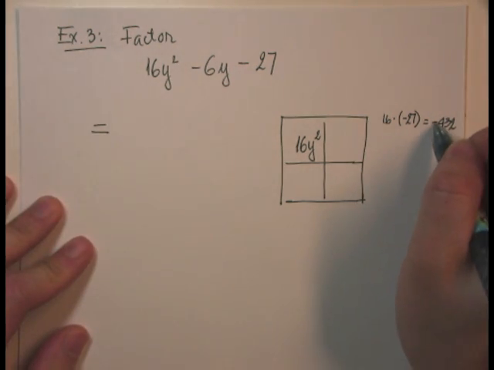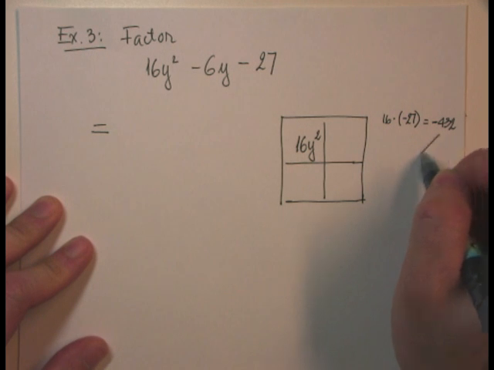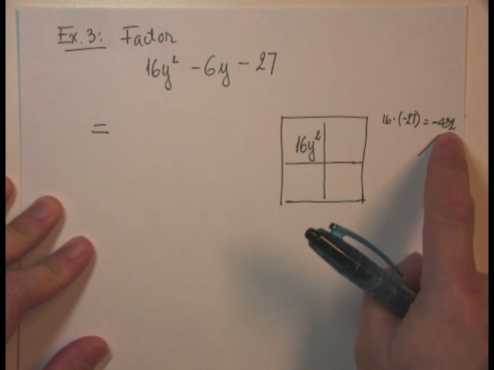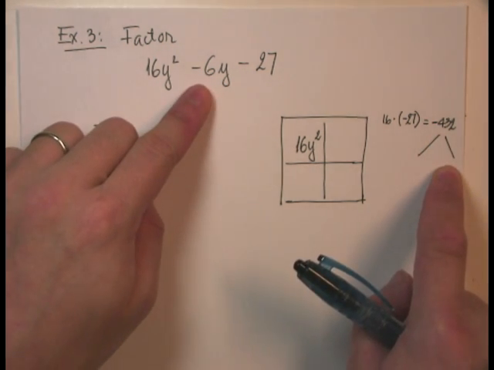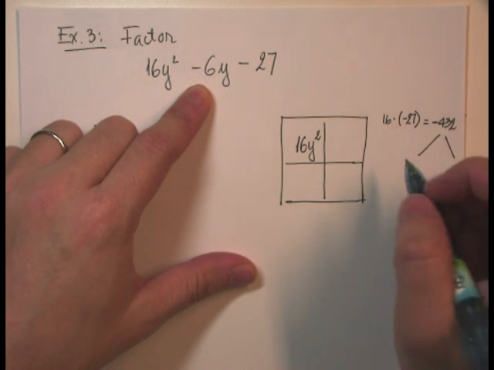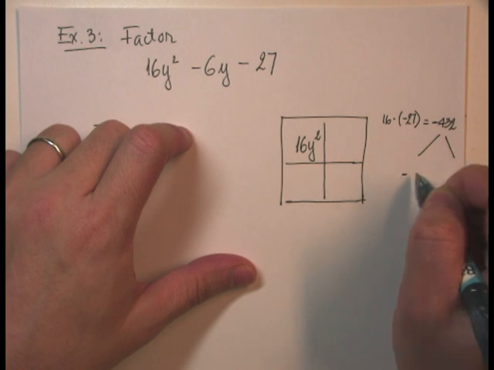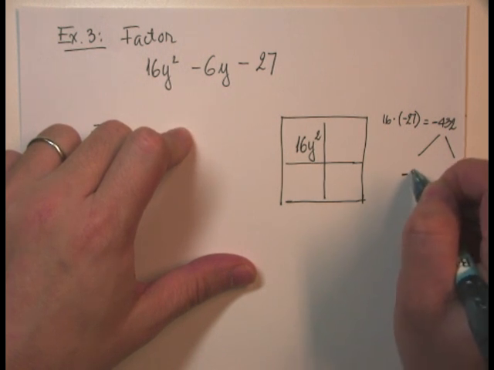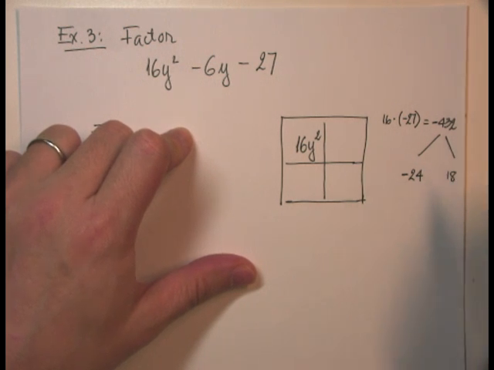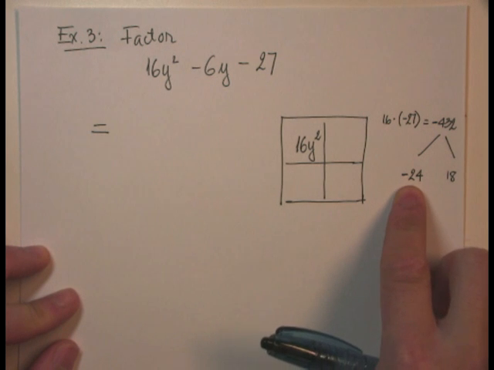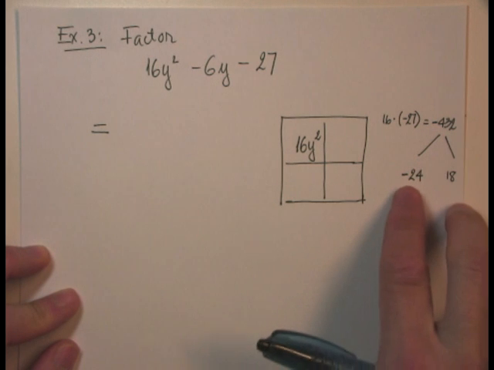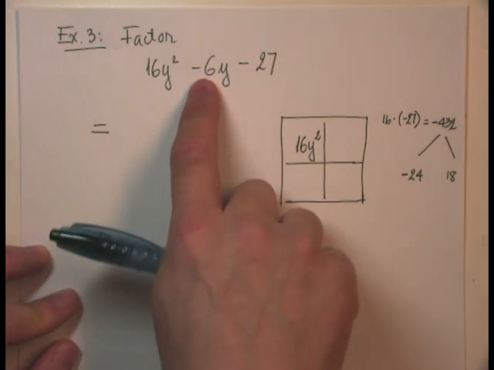And now once I found negative 432, the next step is finding 2 factors of negative 432 that sum to negative 6. The only pair of factors that I can find is negative 24 and positive 18, because negative 24 times 18 equals negative 432, and negative 24 plus 18 equals negative 6.